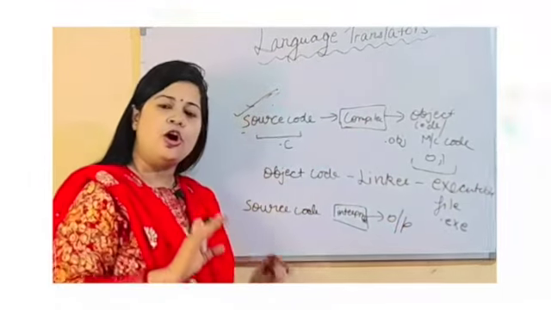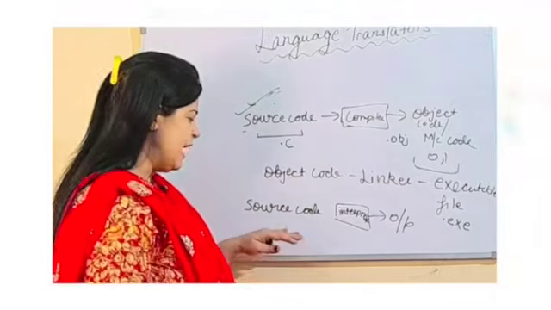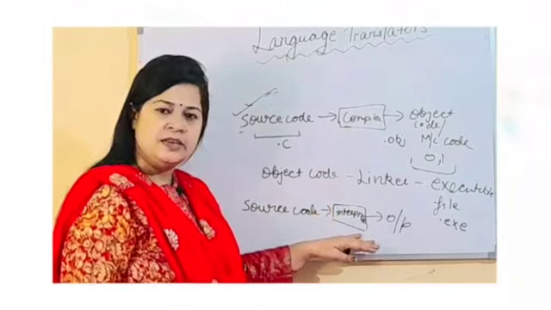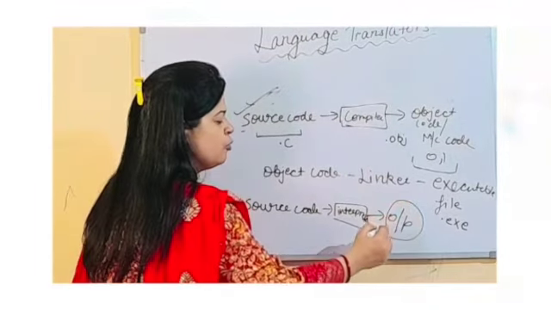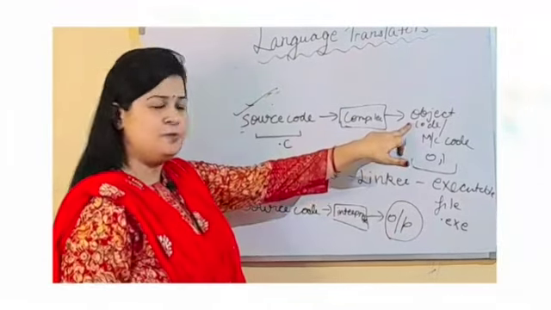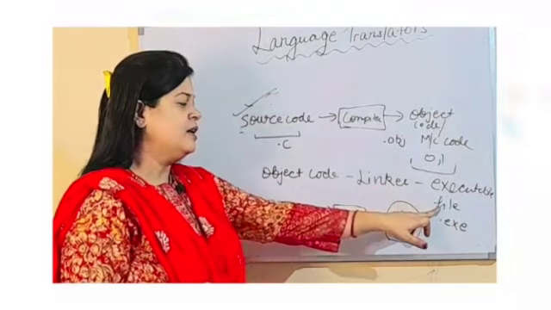So no object code is there in an interpreter. We have source code, it converts and executes at the same time, and we get the output directly. But in a compiler we get object code, and after linking with the linker, we get the output.